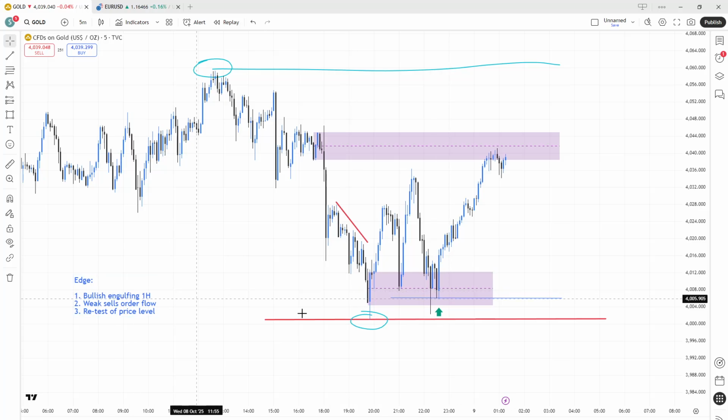So we do have our POI, right? We can enter here and get a little profit right here, or we can wait for it to retest and then enter here. And you see price is still moving up, and I'm thinking that it's going to break this and continue.